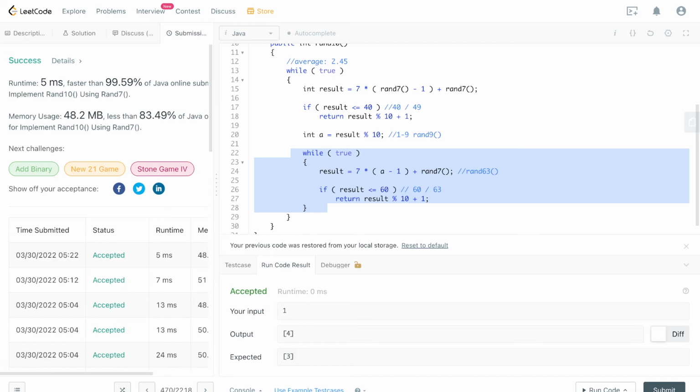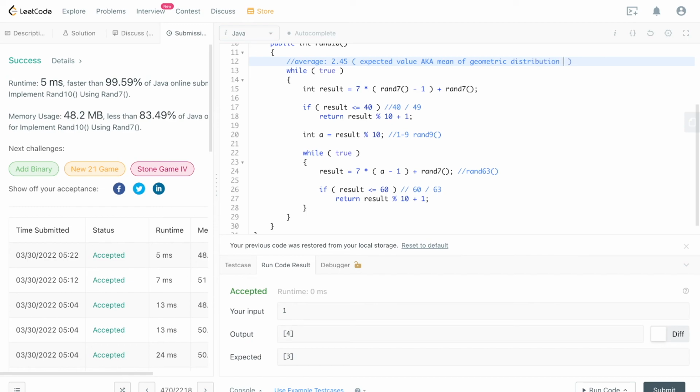This is a geometric distribution, and this would be the expected value, also known as the mean of a geometric distribution. So let me just type that out in case you want to look it up and explore this a little more.